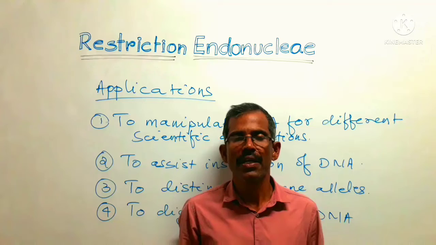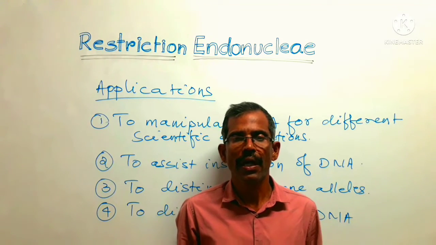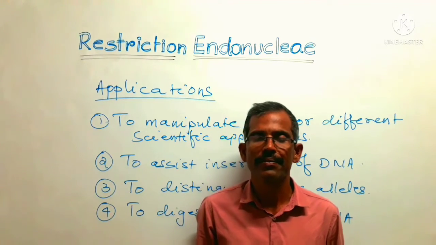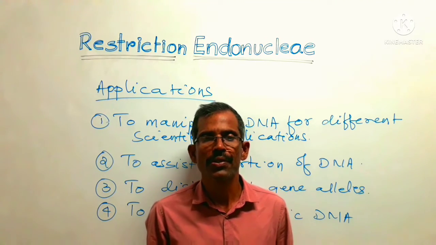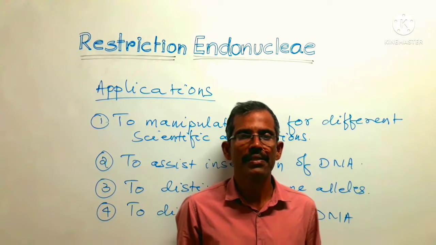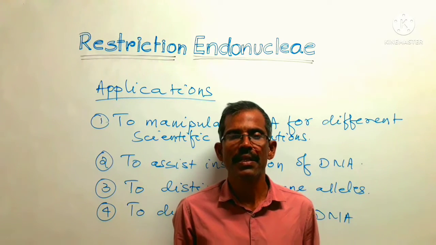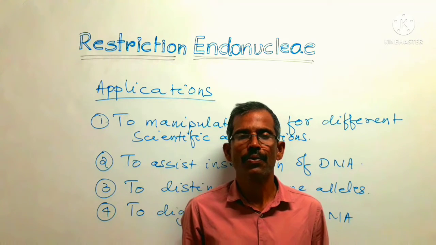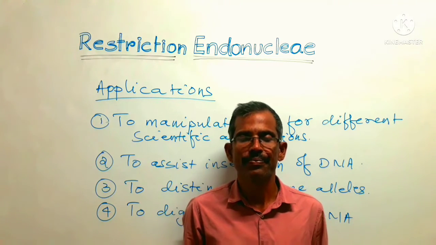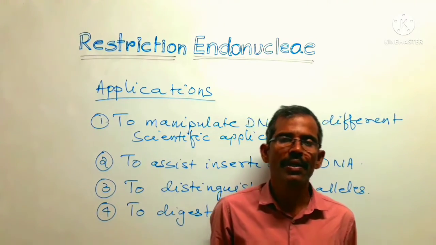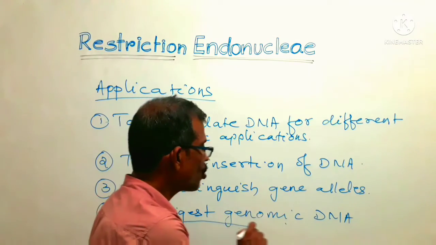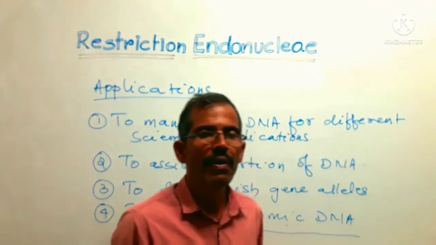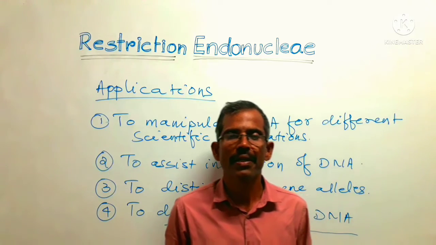So they are very useful in cloning and protein production experiments. Restriction endonucleases are also useful to distinguish gene alleles by recognizing single base changes, which is known as single nucleotide polymorphism. They are also useful to digest genomic DNA for the process of Southern blot.